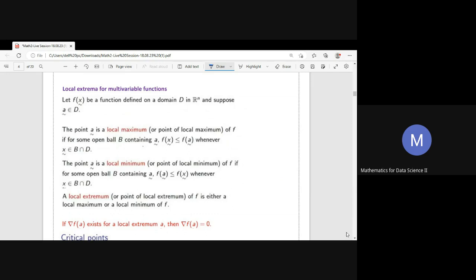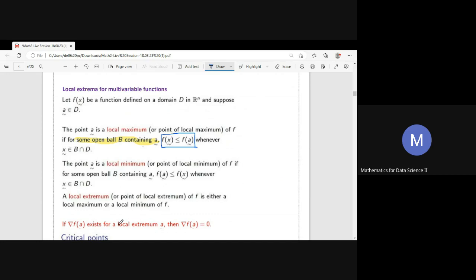For local extrema, you are considering some open ball B containing a tilde under which this condition is satisfied. For maximum, all the points within this ball should have value less than the value at the point a tilde. And for minimum, all the points inside this ball should have values greater than this point. Such points are called local extremum.